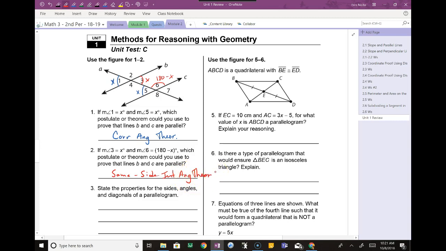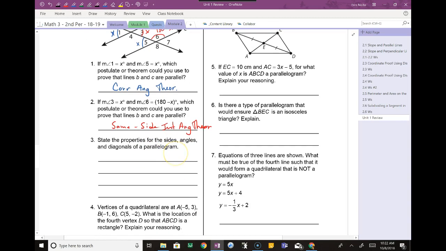Now 3 says to state the properties for the sides, angles and diagonals of a parallelogram. So things that we know about parallelograms, we could make a nice little list. You know on a parallelogram that opposite sides are parallel.